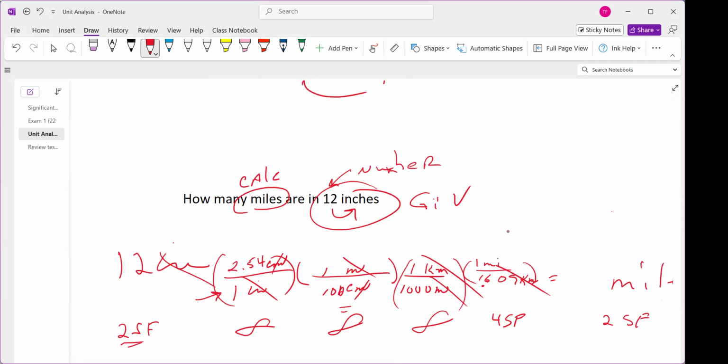And I want to talk about an alternate way to calculate this as well, based on what she was saying. A number of you mentioned feet. And we should get the same answer. Okay, now I ended up with an awkward number, so I'm going to go with scientific notation.